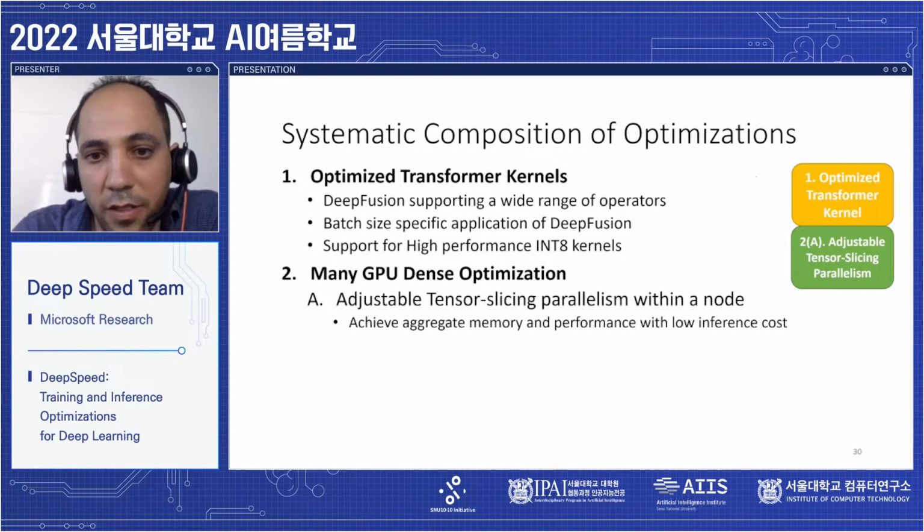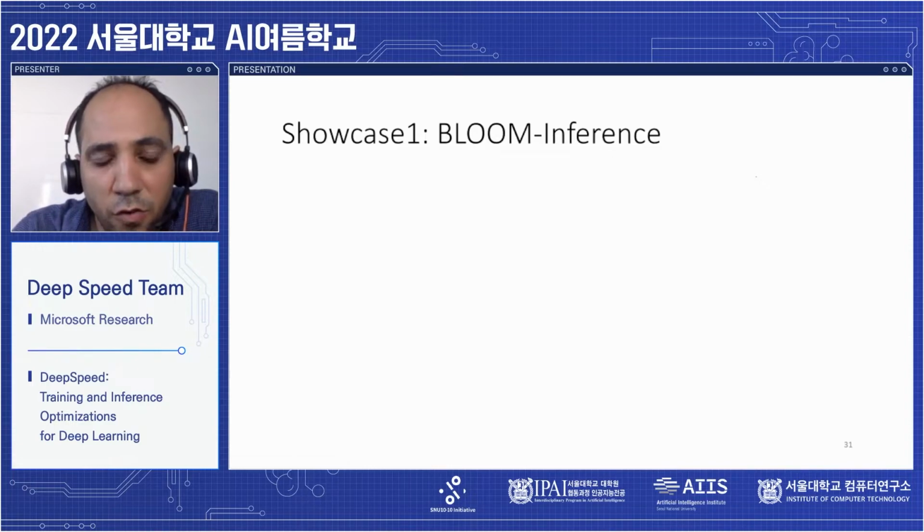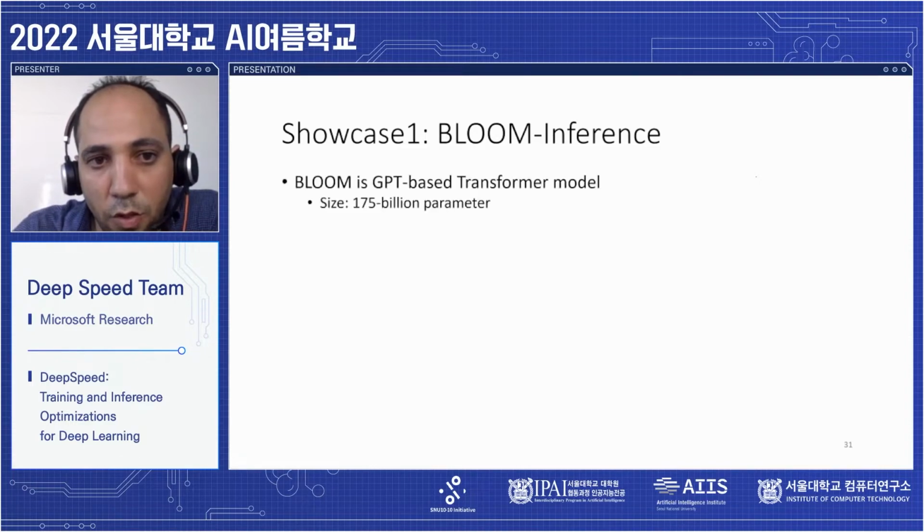The second optimization technique is the many-GPU dense optimization, where we can adjust the tensor slicing parallelism within a node to use the aggregate memory and performance, with low inference cost for large model inference. As the first showcase, we show the Bloom inference.